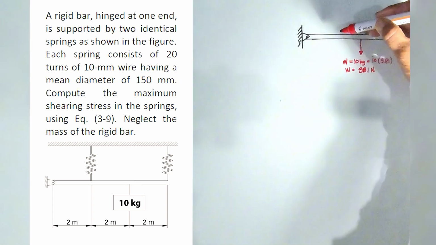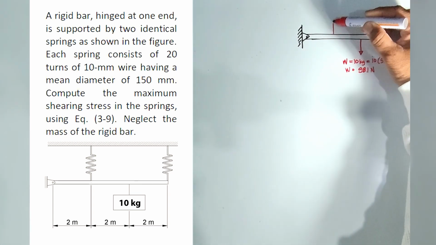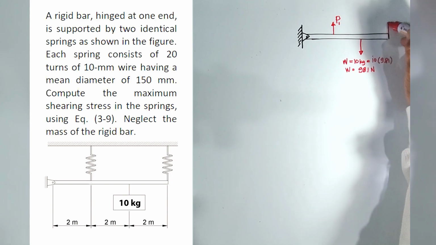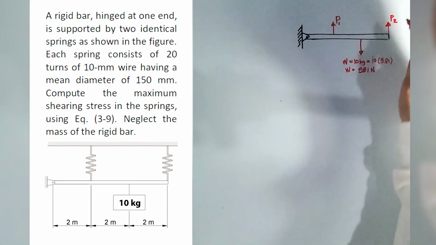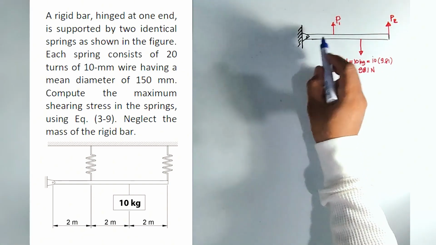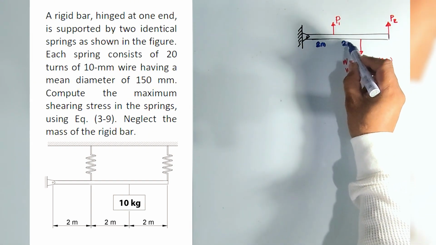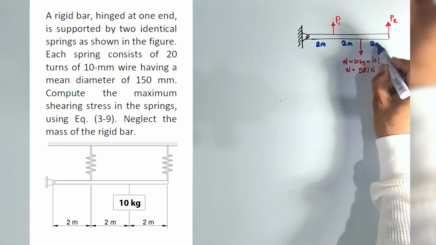And then over here there is a spring, and that can be represented by tensile force P sub 1, and another one here, let's call that P sub 2. So from here to here is 2 meters, then another 2 meters, and another 2 meters.